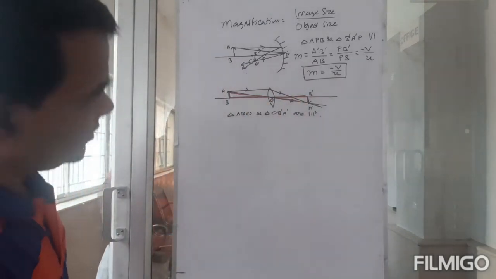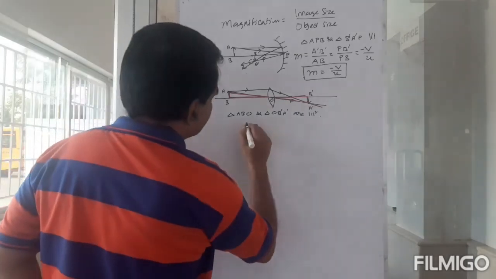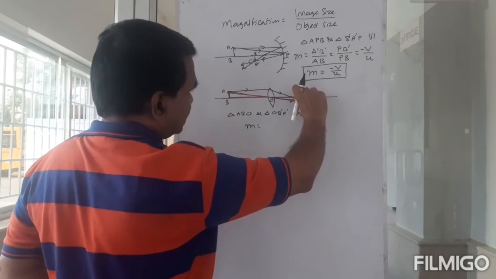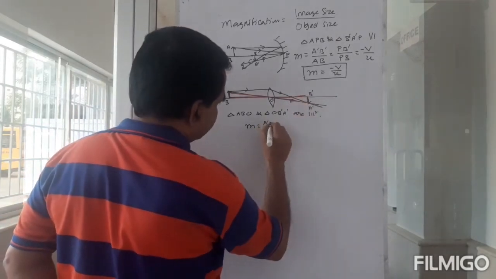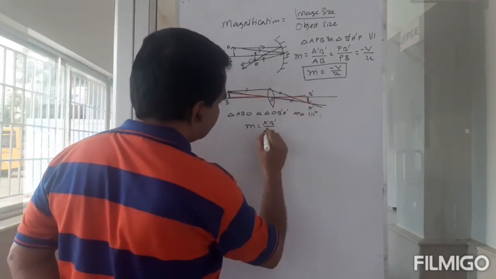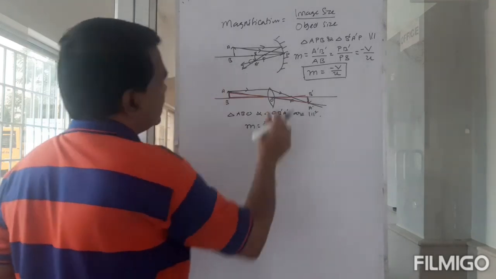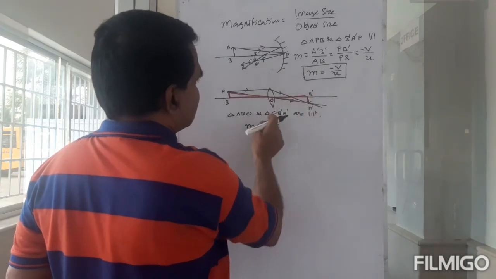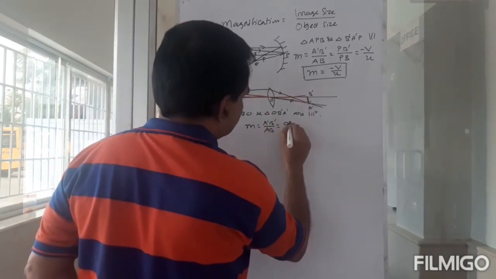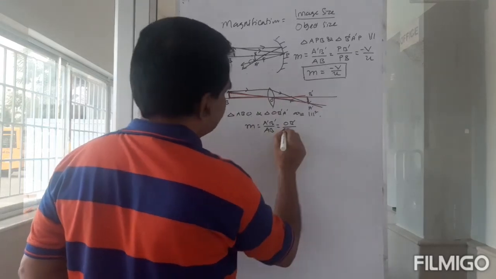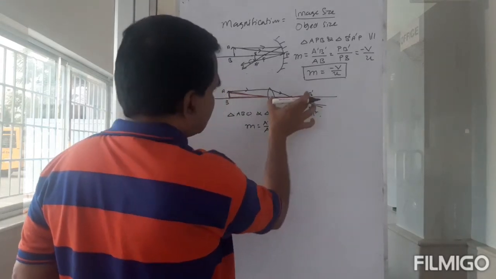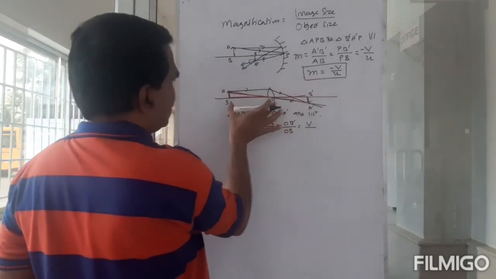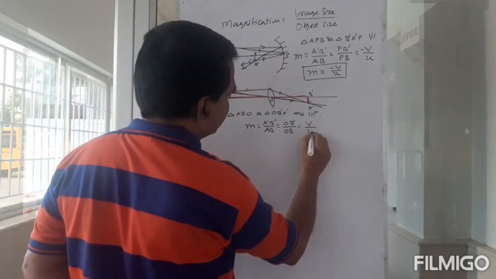If they are similar, then magnification, as usual, is image size by object size. The image size is A dash B dash divided by AB, and that is equal to A dash B dash into OB dash divided by OB. But what is OB dash? OB dash is V. What is OB? That is U.